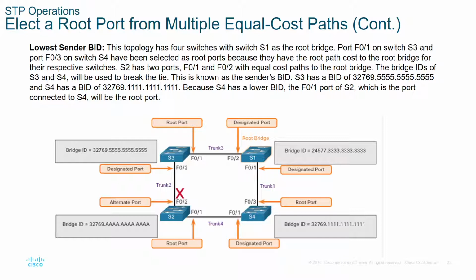S3 has a bridge ID of 32,769.5555555555555, and S4 has a bridge ID of 32,769.111111111111. Because S4 has the lower bridge ID, the Fast Ethernet 1 port of S2, which is the port connected to S4, will become the root port.